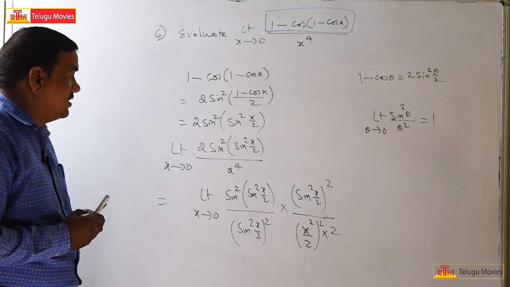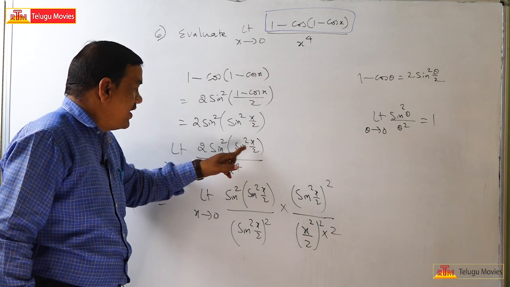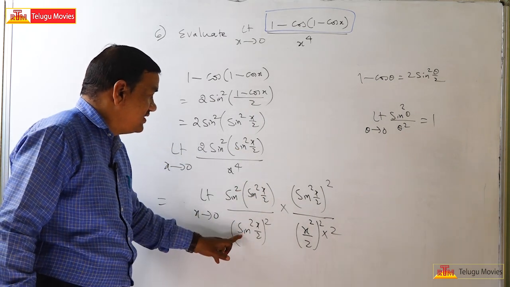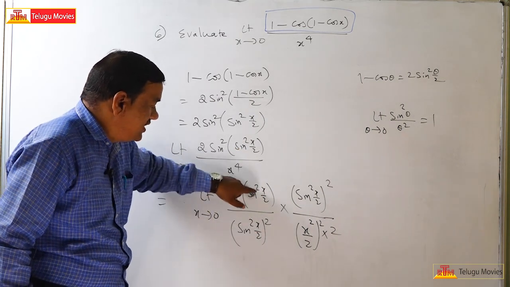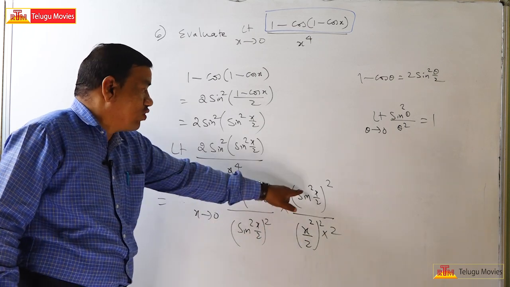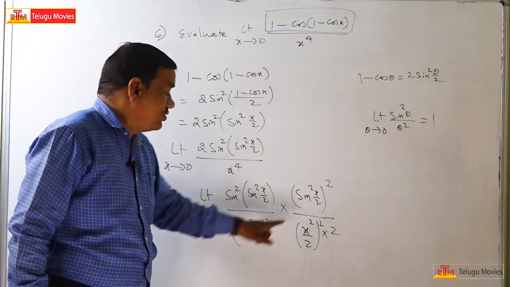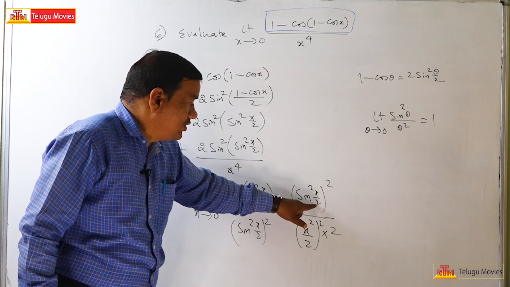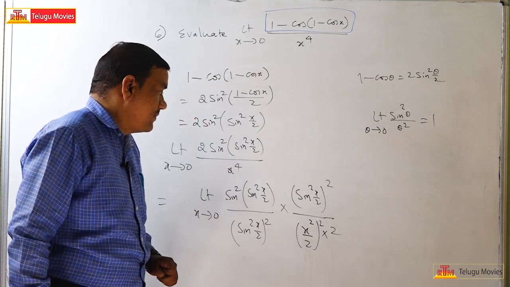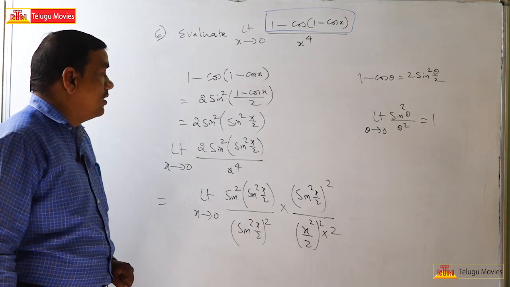Once I will check this result once again. Sin square x by 2 whole square by x by 2 whole square, sin square theta by theta square, same quantity we have to write here also. Again limit x tends to 0, sin square x by 2 whole square. Understand this.